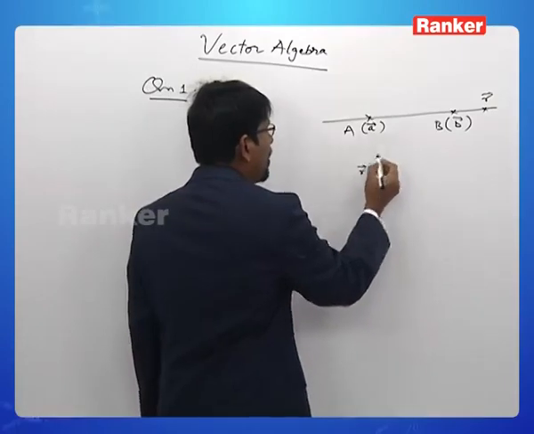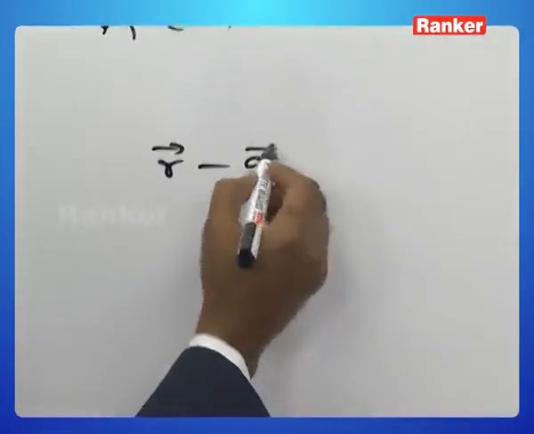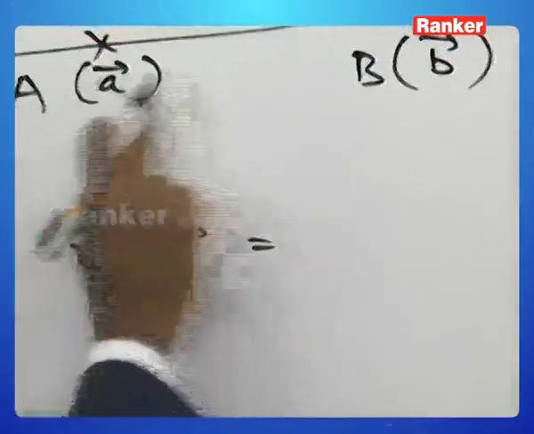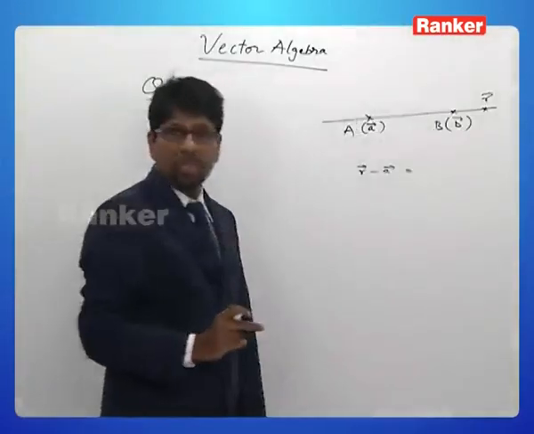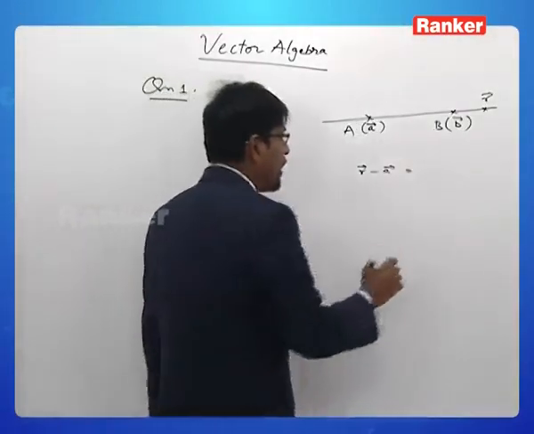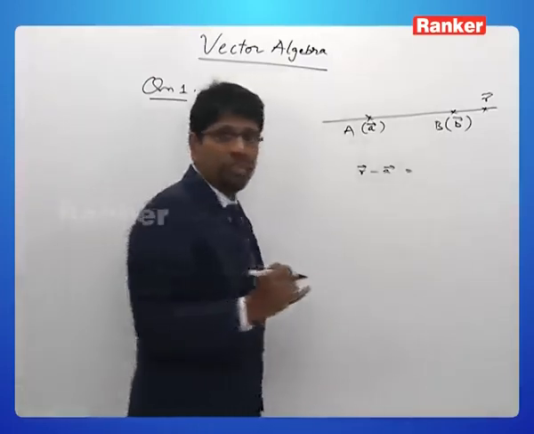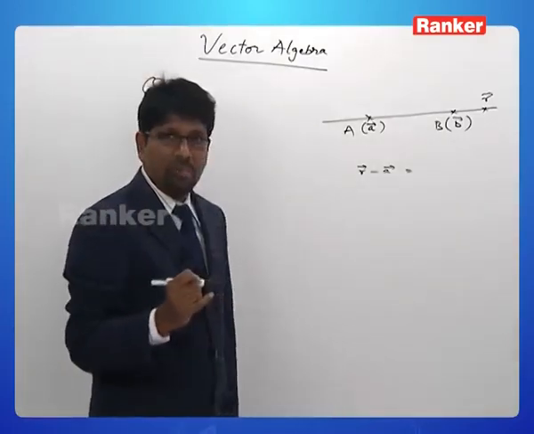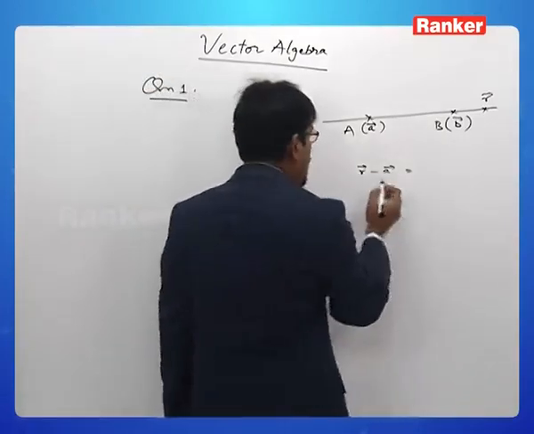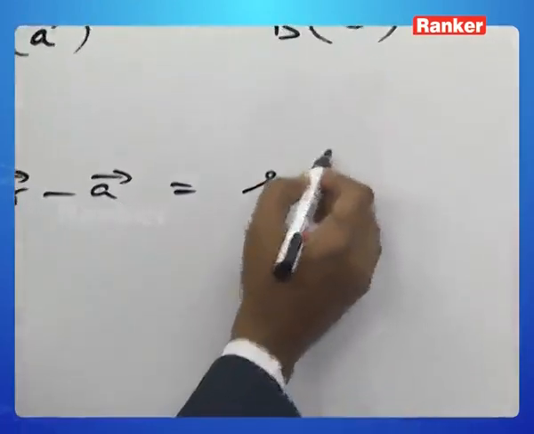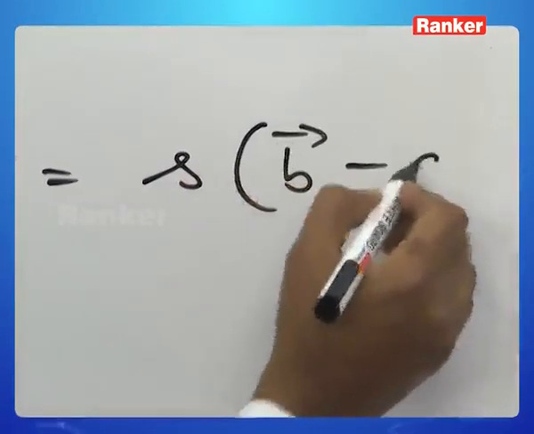R bar minus A bar is a vector collinear with B bar minus A bar, the AB vector. So how do we write two collinear vectors? One should be the scalar multiple of the other. So we can write R bar minus A bar to be S into B bar minus A bar.